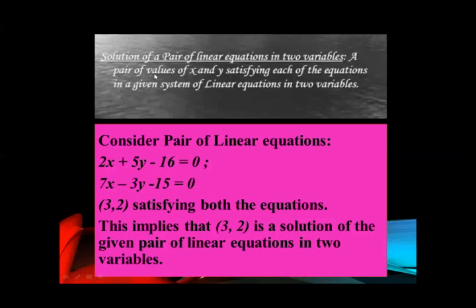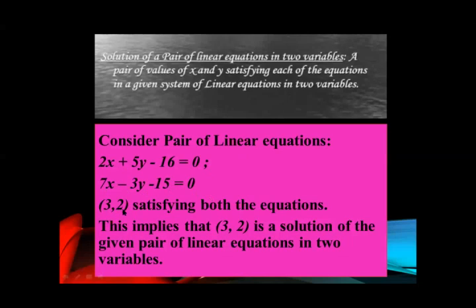Now we learn about the solution of a pair of linear equations in two variables: a pair of values of x and y satisfying each of the equations in a given system of linear equations in two variables. Let us take this example to understand the meaning of the solution of a pair of linear equations. Consider this pair of linear equations: 2x plus 5y minus 16 is equal to 0, 7x minus 3y minus 15 is equal to 0.